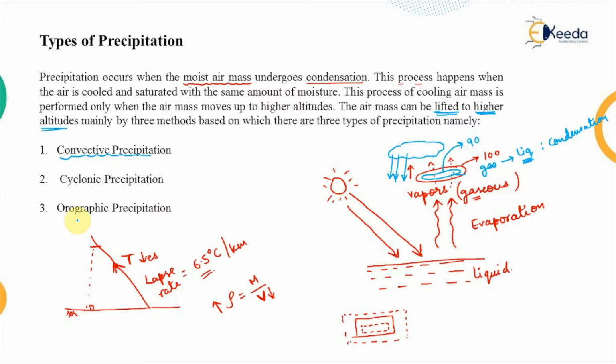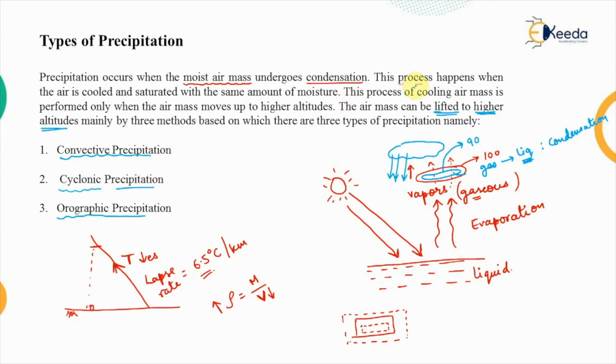If the air mass is lifted because of a barrier in its path, for example mountains, if the wind is blowing and the clouds are moving up because of the obstruction of the mountains, then that is known as orographic precipitation. Or if two air masses are colliding, then that type of precipitation is known as cyclonic precipitation.